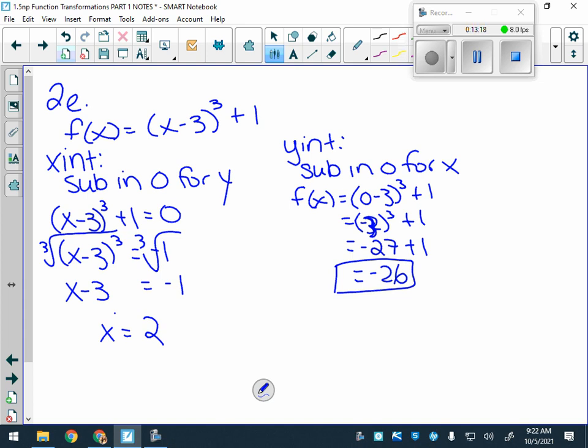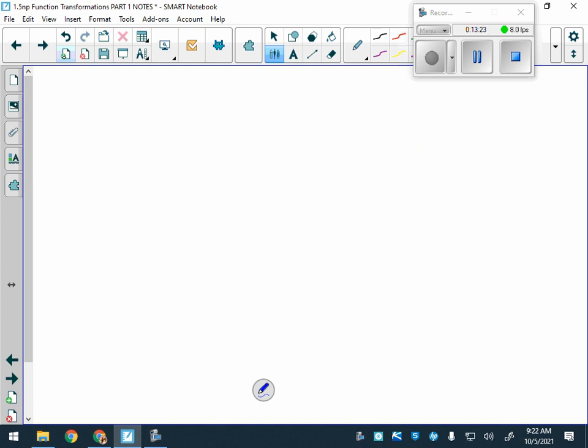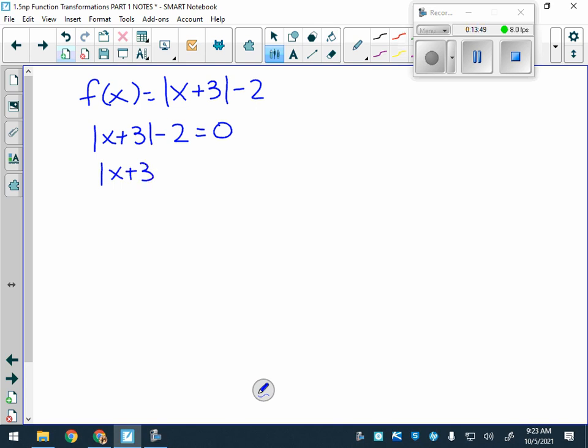The other piece of information, which you didn't have to do for this one, is if you had an absolute value function, like this one. This is important to know because some of you don't remember this. To find the x-intercepts, you set equal to 0 and isolate the absolute value.